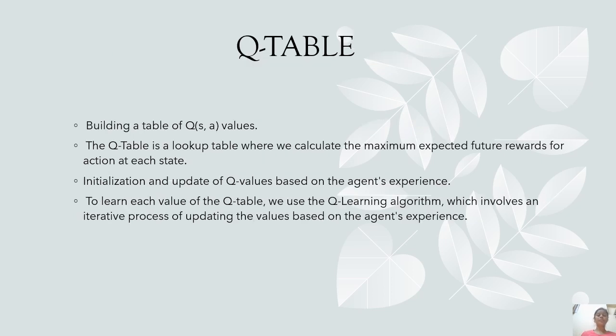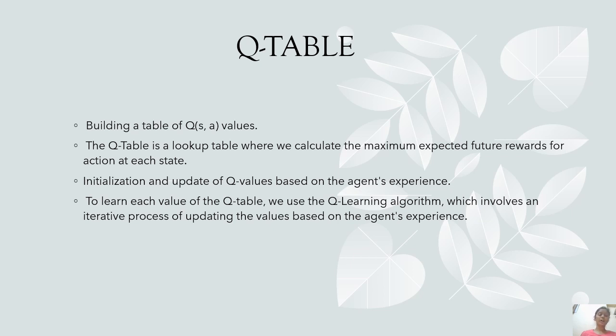Then we move to the Q table. First, building a table of Q of S, A values. The Q table is a lookup table where we include maximum expected future rewards for each action at each state.